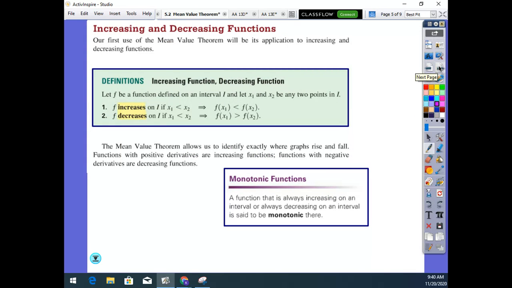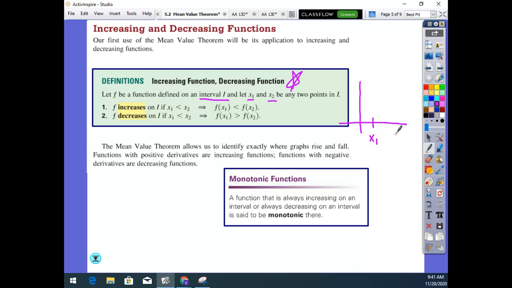Okay, so increasing, decreasing functions, this is important. I can guarantee you're going to find this a lot. So if f is a function on an interval I, we have 2 points, x1 and x2. Basically, this is saying that f will increase on I. So let me do a little chart.